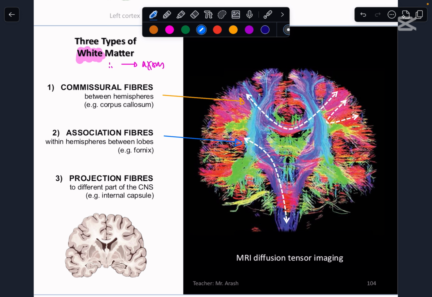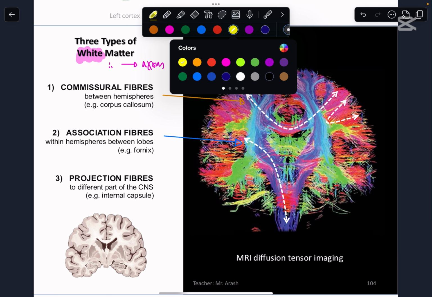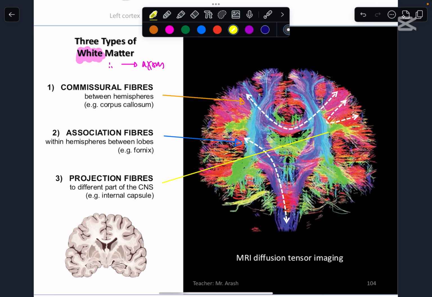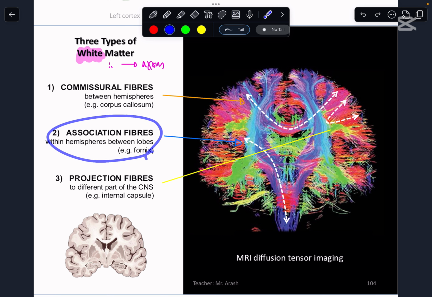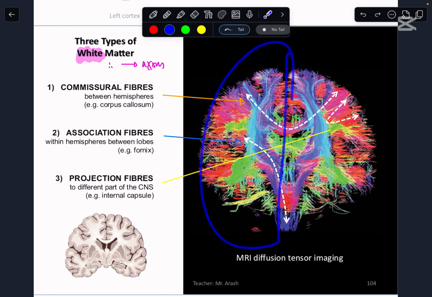And finally, we have these ones here. So association fibers are these ones. As you can see, they're connecting the lobes within the hemisphere, right? Remember, this would be one hemisphere, this would be another hemisphere.